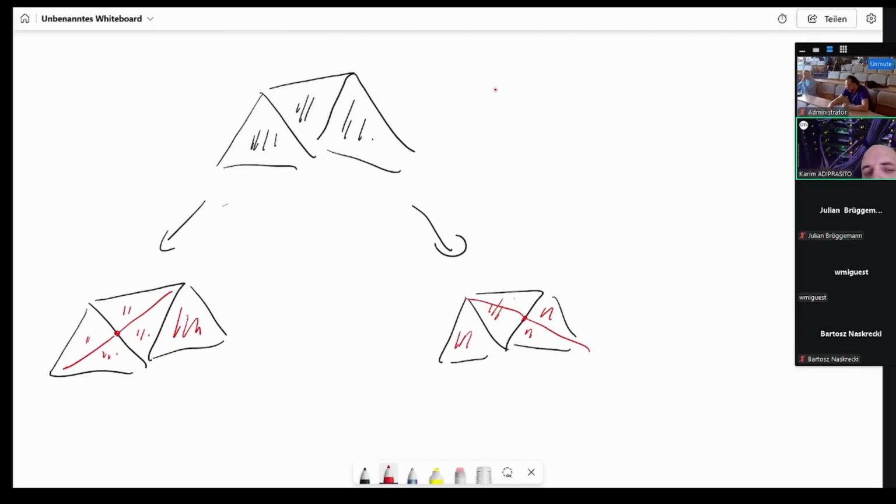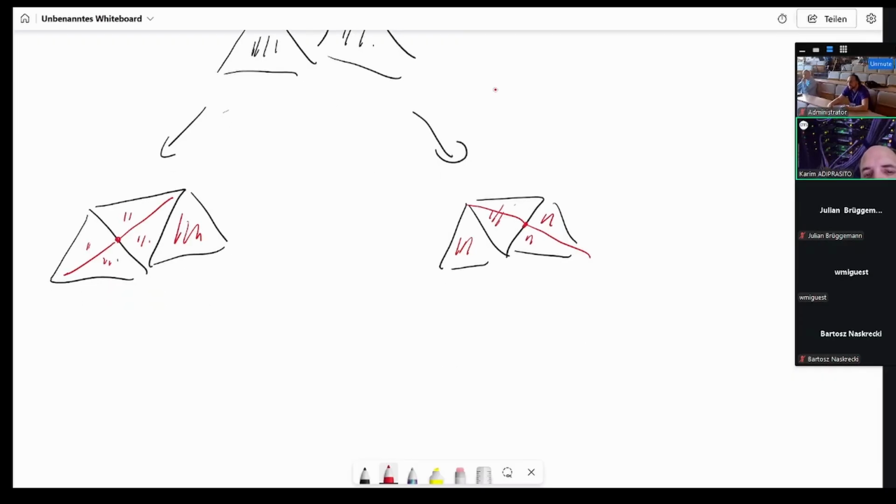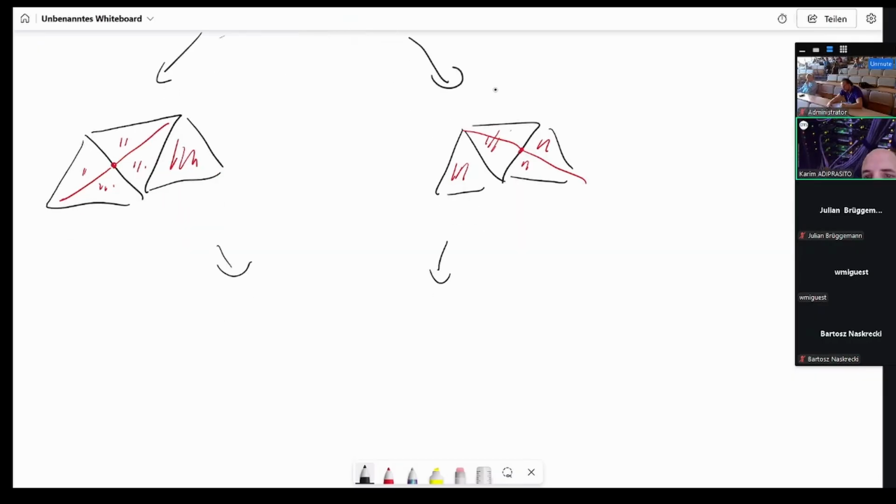Now I have these two spaces that I know are triangulating the same topological space. They are clearly PL homeomorphic. They're still triangulations of a two-dimensional disk. But how do I find the common stellar subdivision? If I just naively overlay them on top of each other, then I end up with something that is not a triangulation.